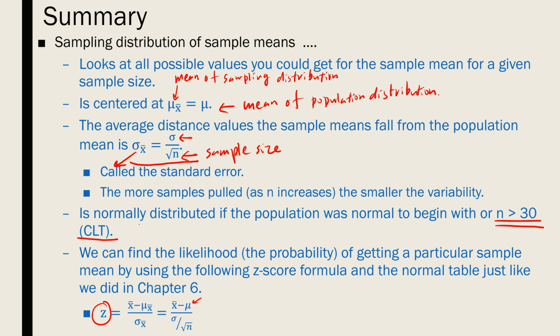And because for the sampling distribution, sigma x bar already contains the square root of n, we do not need to divide by the square root of n again. Some of you may have noticed the denominator actually equals each other for the left part and the right part.